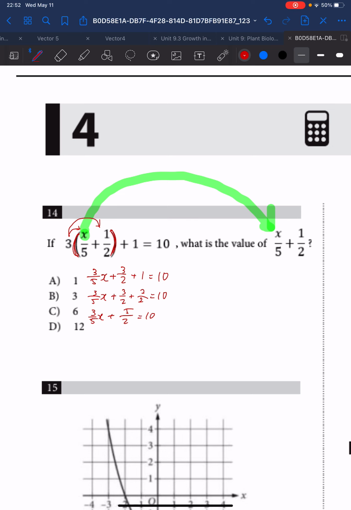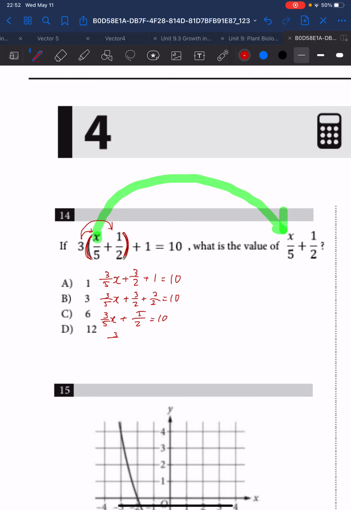Equals 10. Now, 3x over 5 is equal to 10 minus 5 over 2. You have to move the 5 over 2 to the right side, and it becomes negative. So 10 minus 5 over 2.